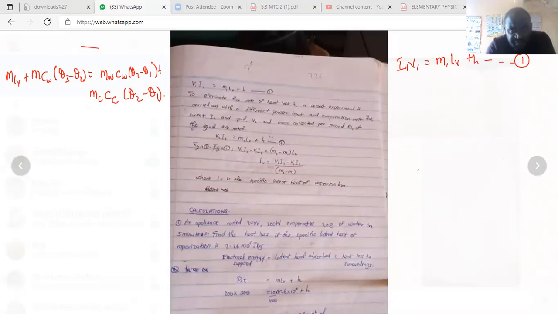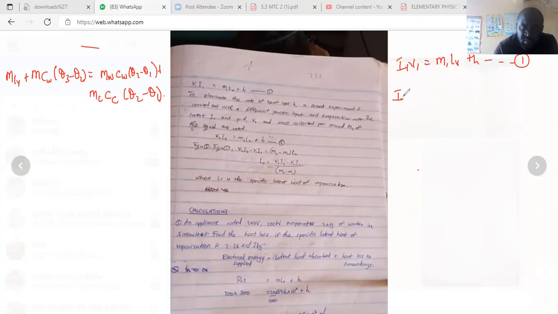To eliminate the rate of heat loss, a second experiment is carried out with different power input and evaporation rates. The current I2 and PD V2 and the mass per second of liquid collected are noted.